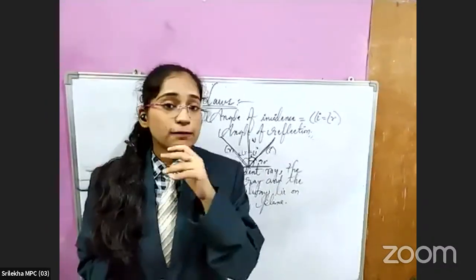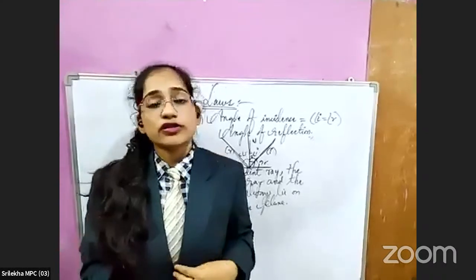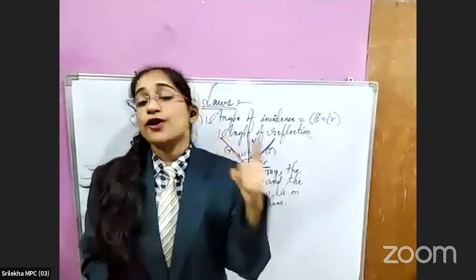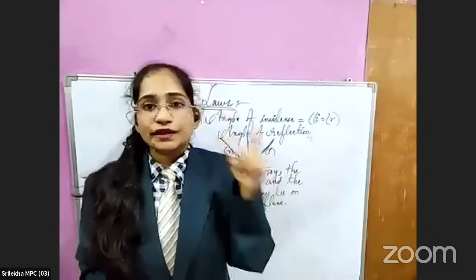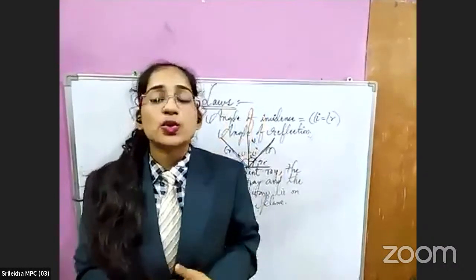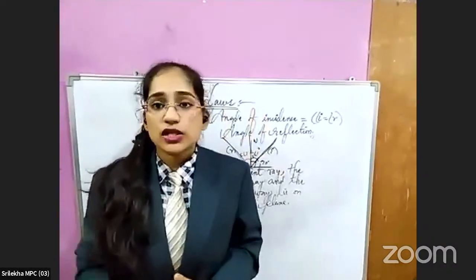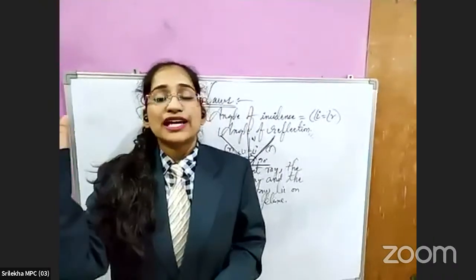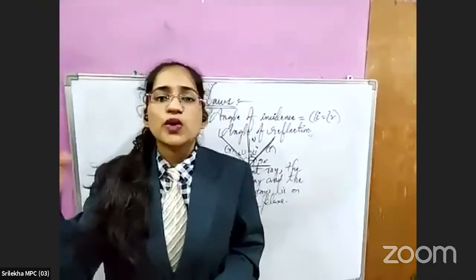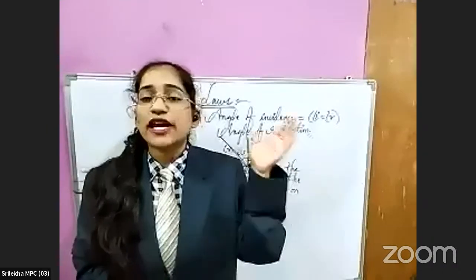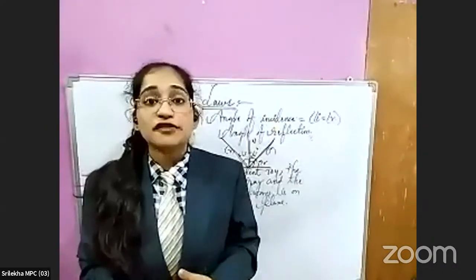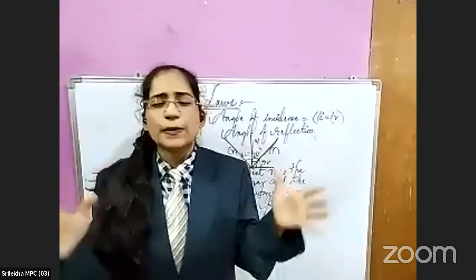Now, we have learned about some important things which are called laws of reflection. The first law tells us that angle of incidence is always equal to angle of reflection. The angle present between the incident ray and the normal is always equal to the angle present between the reflected ray and the normal. This is the first law of reflection, which is very important.